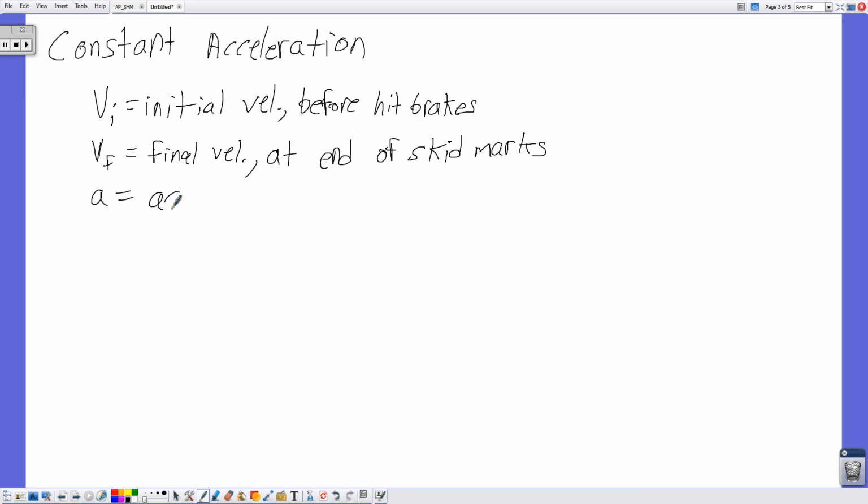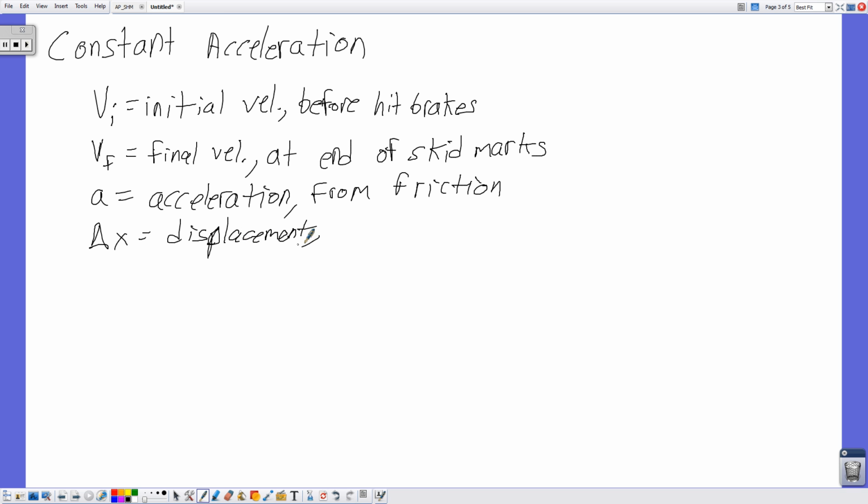Alright, a, that's your acceleration. And remember, you get it from your friction equations. Delta x, that is your displacement, or how far you've gone, which you are getting from the skid marks. Now, cars don't always make skid marks when they're braking, obviously, but when they slam on their brakes, like you do in an accident, they often do.